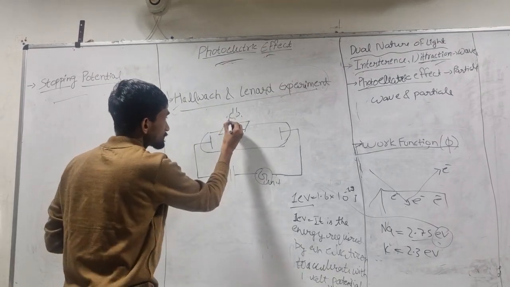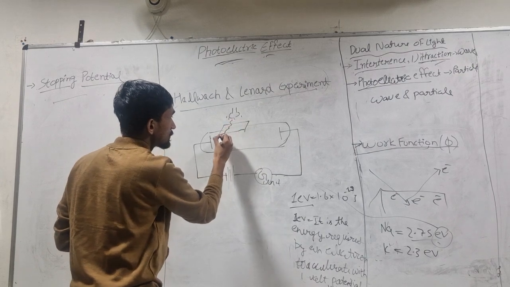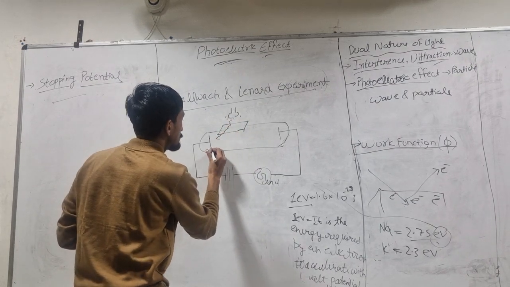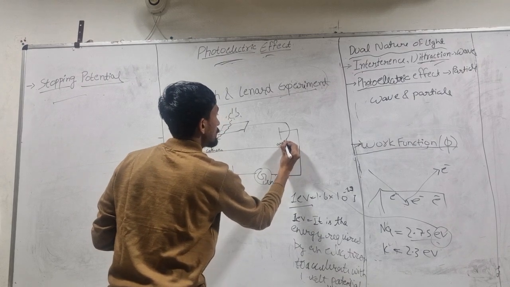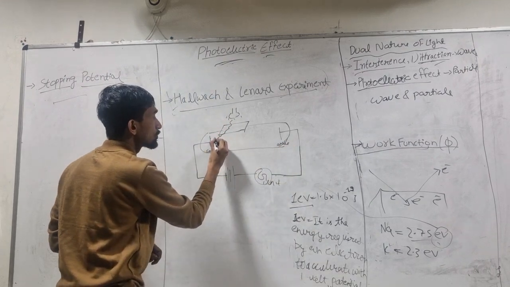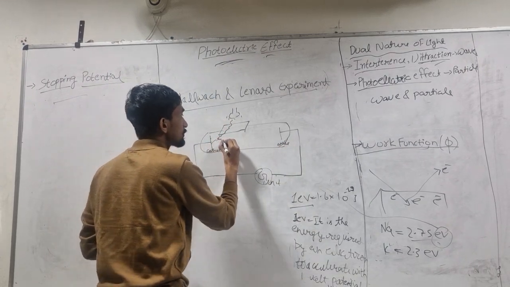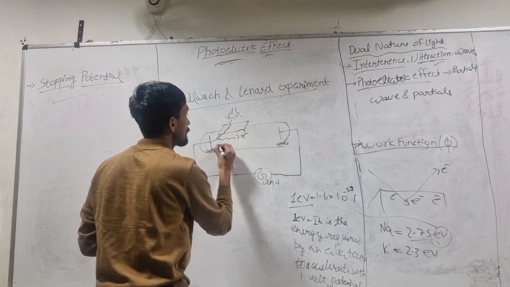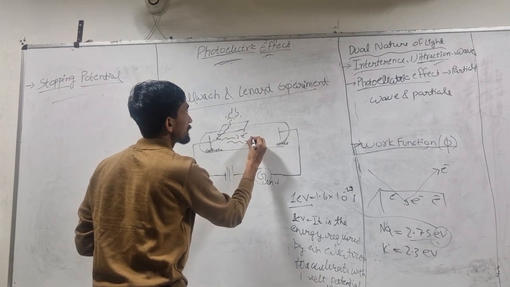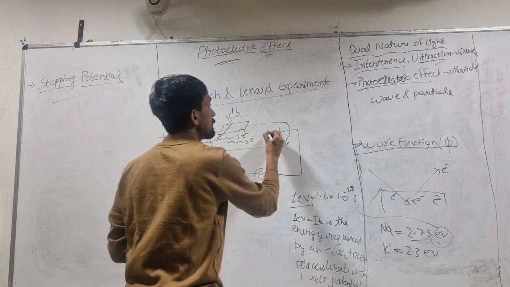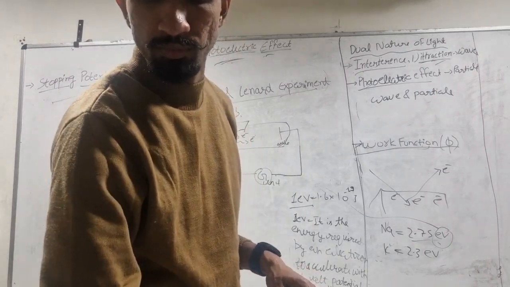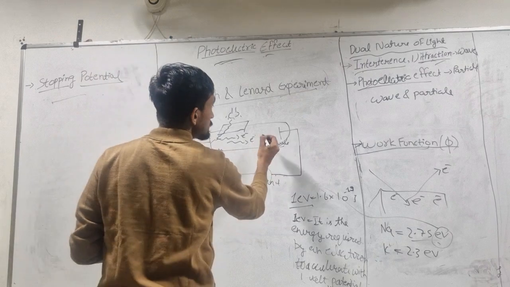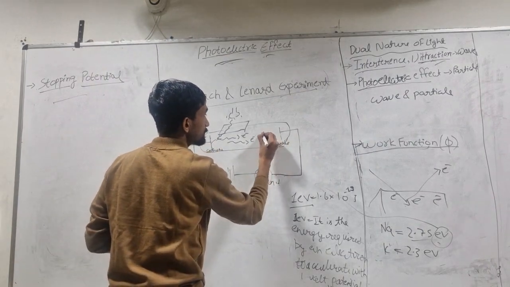When the radiation falls on this plate, the electrons leave the surface and are attracted towards the anode.